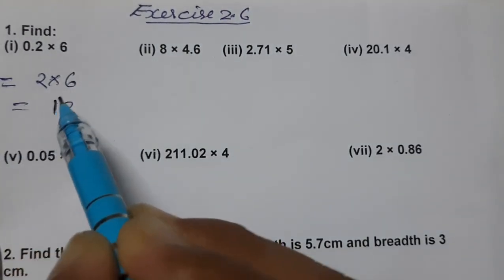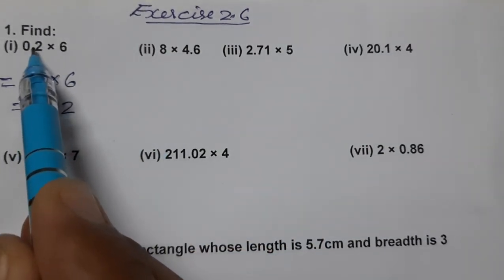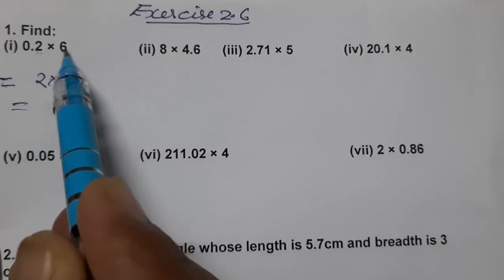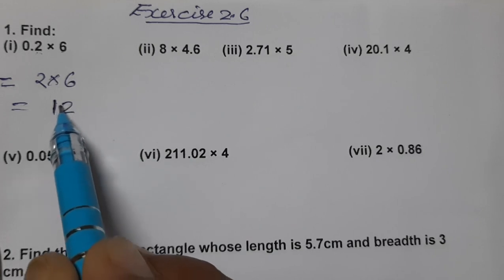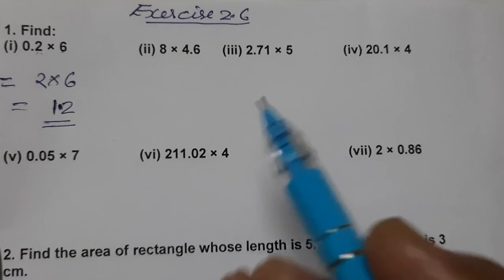Now count the number of digits. Here in 0.2, after the decimal how many digits are there? Only 1. And here nothing is there. So only 1. Starting from the rightmost towards the left, you have to put the decimal. So 1.2.